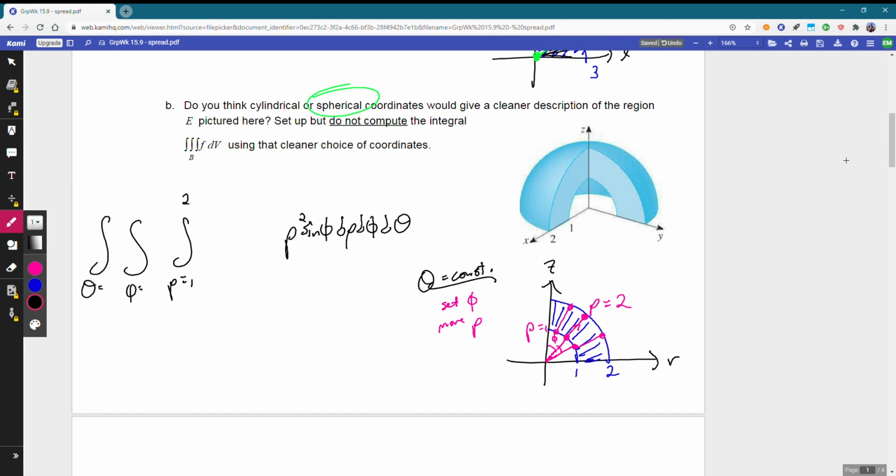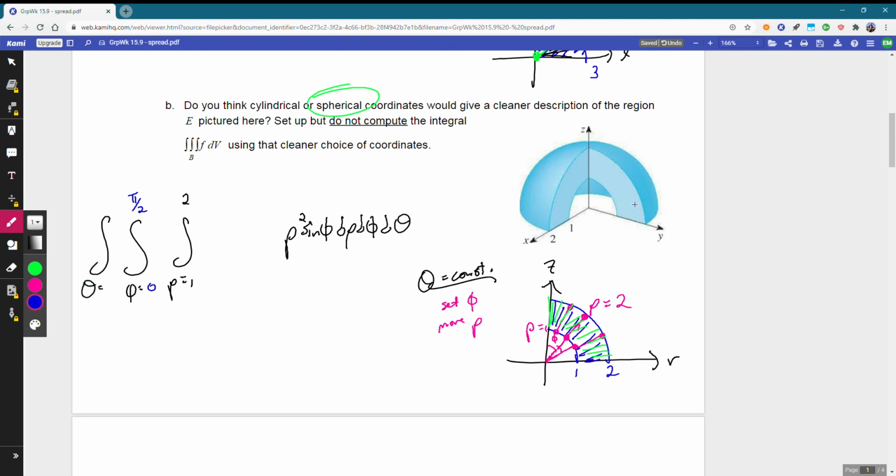Well, from our picture over here, our theta equals constant slice, we can see we are using our phi angles from 0 down to pi over 2, right? Phi equals 0 points us up along the z-axis. Moving down to pi over 2 will get us pointing horizontally. So 0 to pi over 2 for phi.